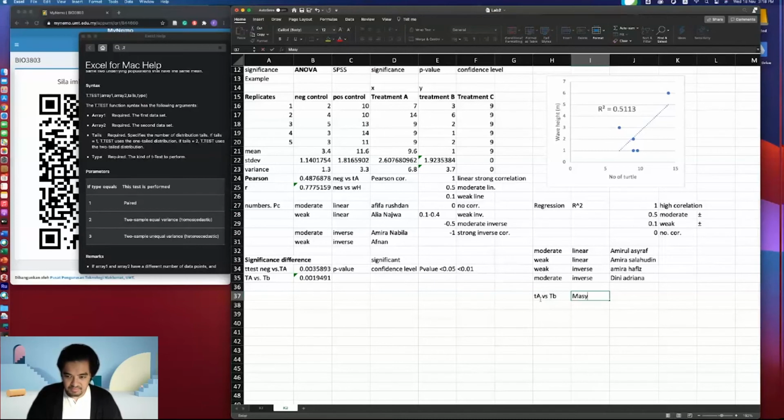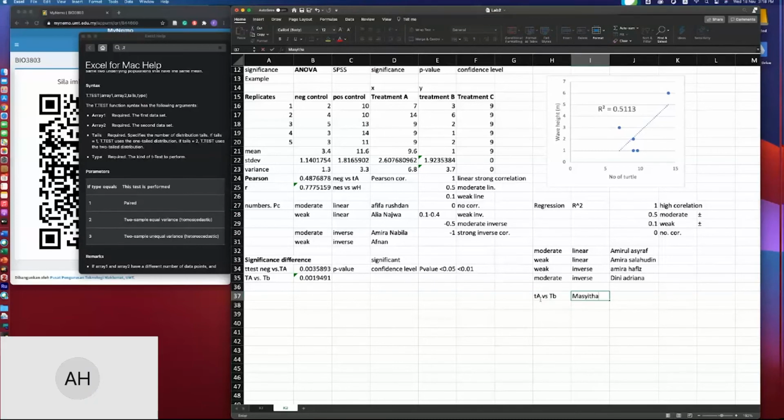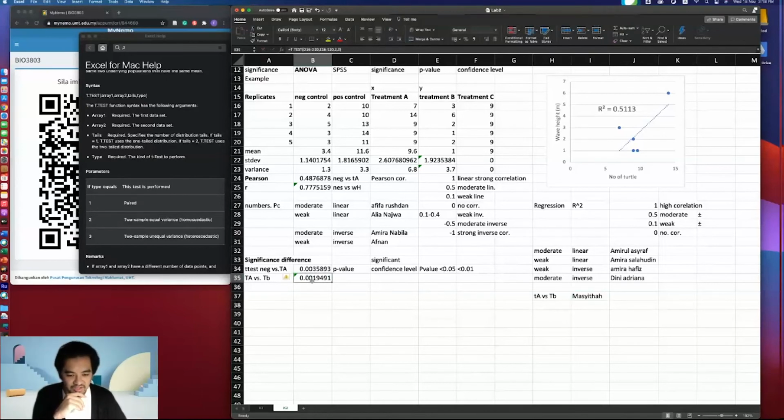Meaning is there any difference between treatment A and treatment B? The p-value here indicates 0.02 or 0.19. Is the difference in the means significant or not? Not significant.